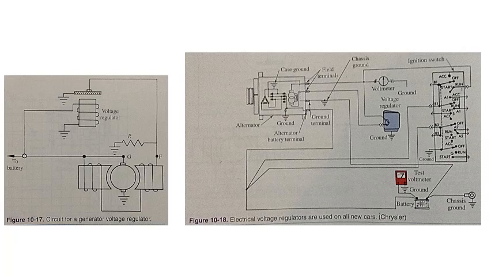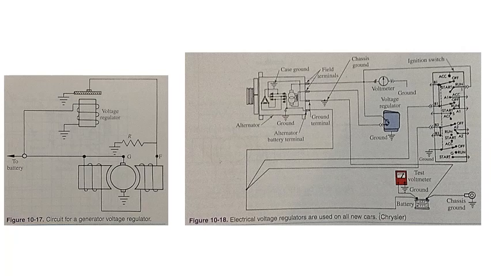The generator output at terminal G is joined to the battery and the winding of a magnetic relay. The voltage produced by the generator causes a current to flow in the relay coil. If the voltage exceeds a preset value, the increased current provides enough magnetism to open the relay contacts.